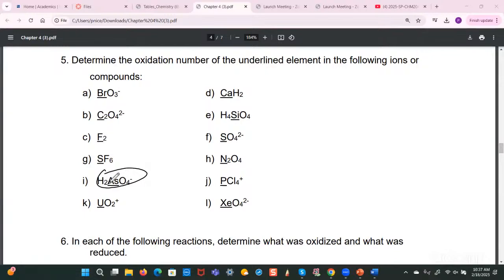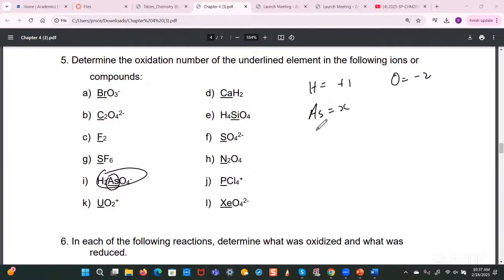So in the case of H2AsO4, the question is asking specifically for the oxidation number of arsenic, right? According to the rules, the oxidation number of hydrogen is +1, the oxidation number of oxygen is -2, excepting in the case of peroxide where it's -1. This is not peroxide, so we'll stick to the -2. And I'm going to say the oxidation number of arsenic is X. We don't know what that is, right?